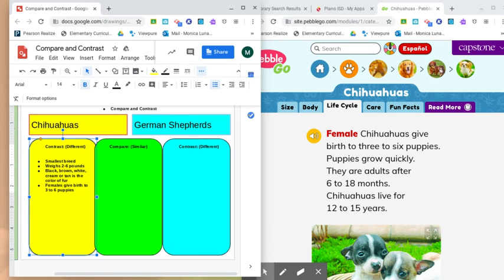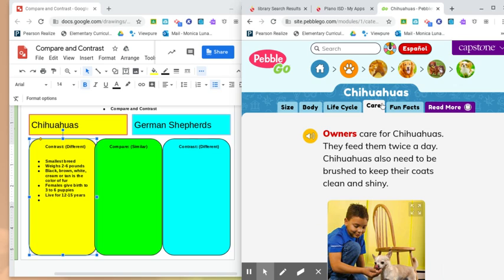Okay. And they grow quickly. Let's see. Live for 12 to 15 years. Wow. So that means my Chihuahua Chico's gonna hopefully live to be 15. Right now, my Chihuahua, he's 8. Okay. So let's go for care.